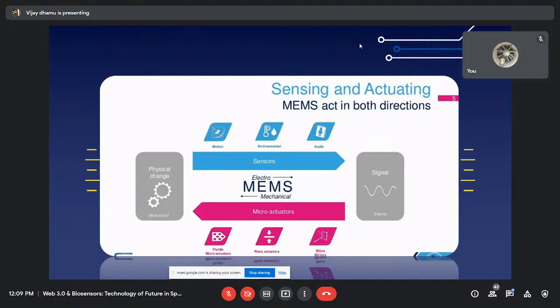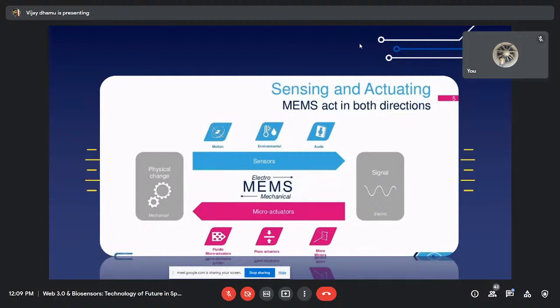Actuating means it uses the signal. If I'm touching my hand, the motor neurons in my hand send a signal to my brain that someone is touching. That is sensing. And if someone else is touching me without my permission and I react, this reaction is called actuating.